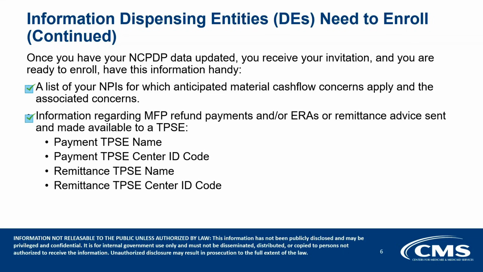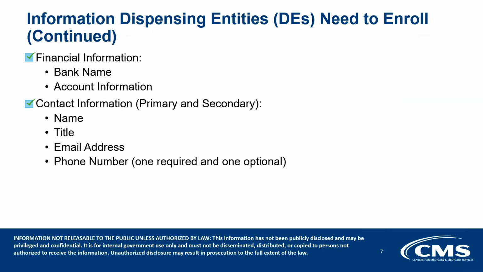Please have this information handy. One, a list of your NPIs for which anticipated material cash flow concerns apply and the associated concerns. Two, information regarding MFP refund payments and/or ERAs or remittance advice sent and made available to a TPSC. Also required will be your financial information, so please have your bank name and your account information.